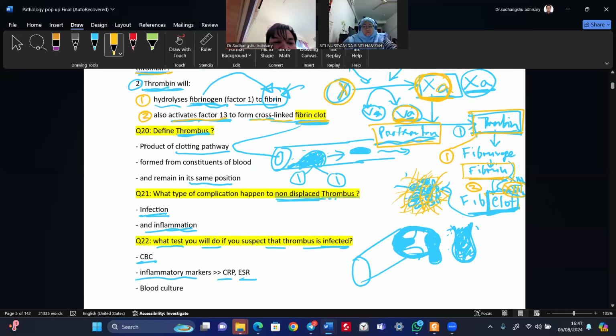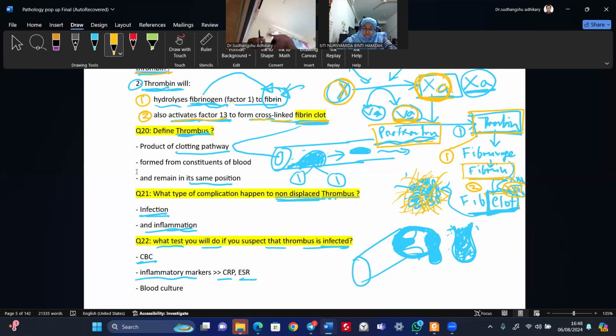Define thrombus. This is pure pathology. Thrombus is a product of the clotting pathway, formed from constituents of blood, and it remains in the same position. In general, there is a difference between clot and thrombus, right?